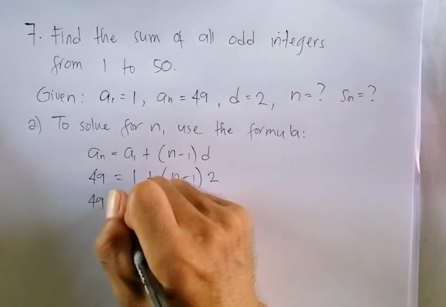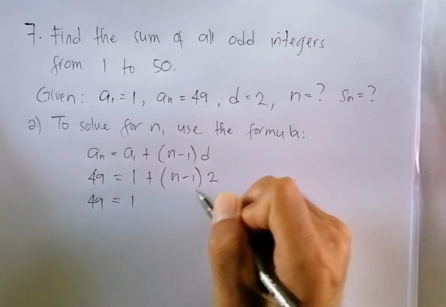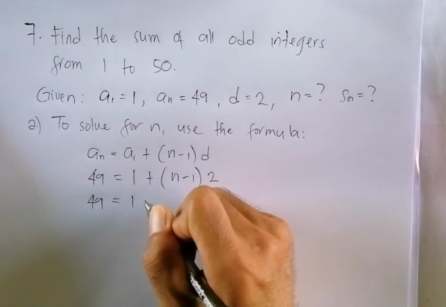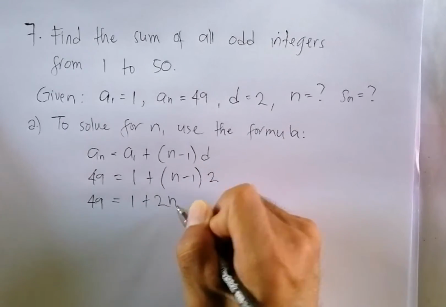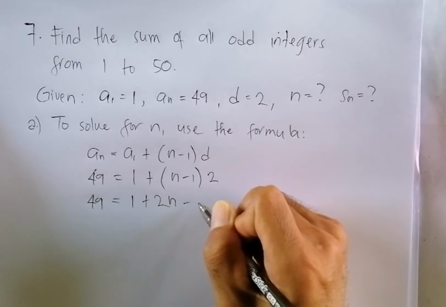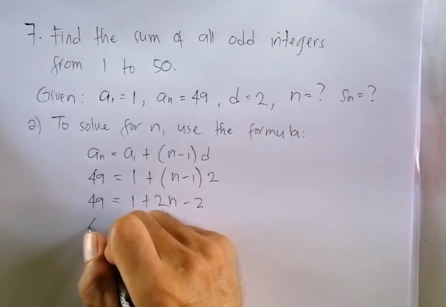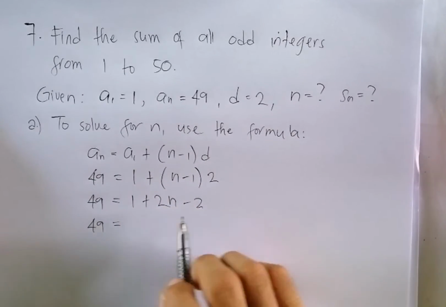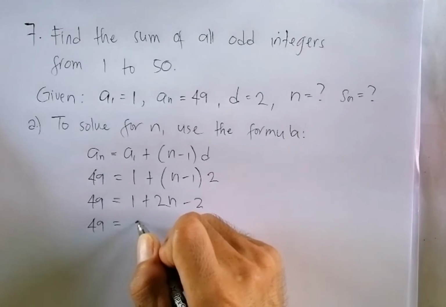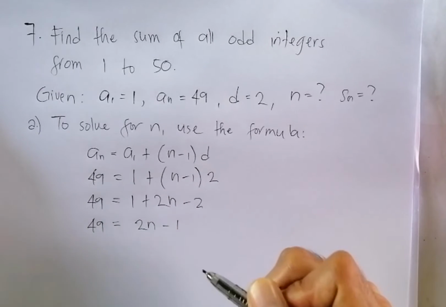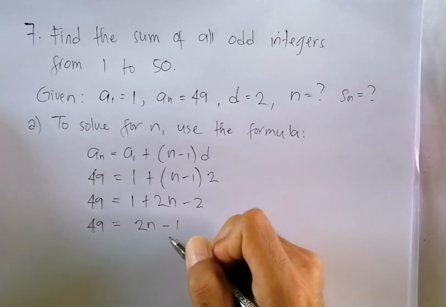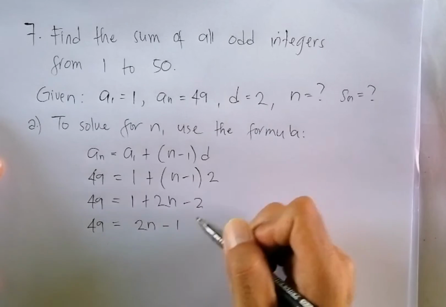We have 49 is equal to 1. Then distribute 2 times n, this is 2n. Then 2 times negative 1, that is equal to negative 2. 49 is equal to 1 minus 2, that is negative 1. Then combine 49 and negative 1.